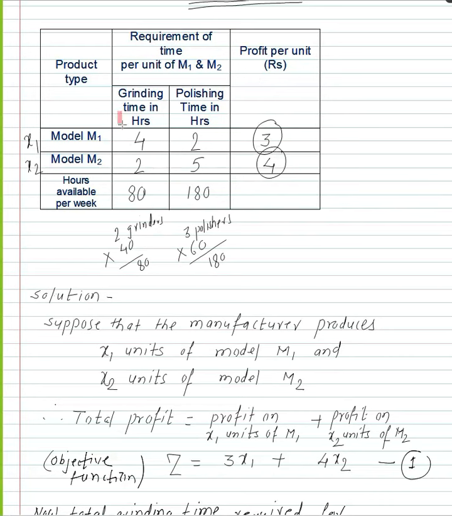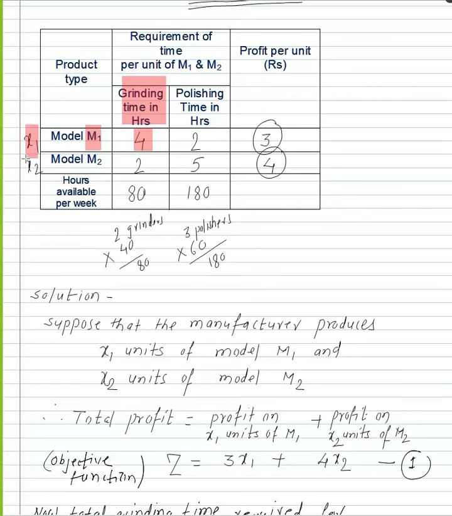Now look at the column grinding time in hours. Grinding time of 4 hours is required for 1 unit of model M1.